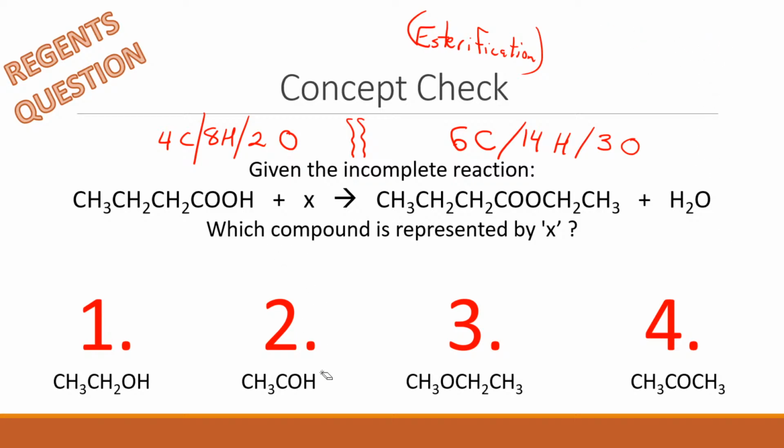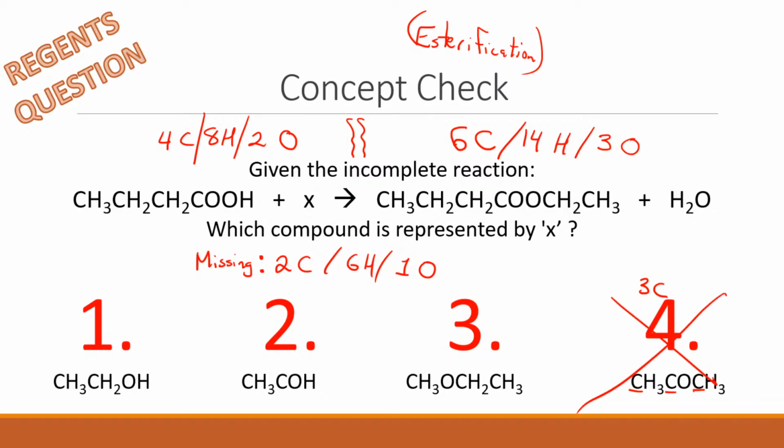So if I want to look at what's missing, I'm missing 2 C's, 6 H's, and 1 O. So of my choices here, I'm looking for 2 C's, 6 H's, 1 O. Here, 3 C's, not right.